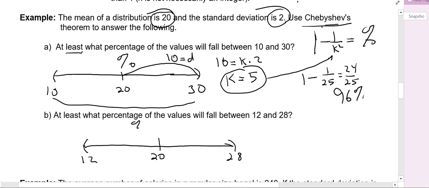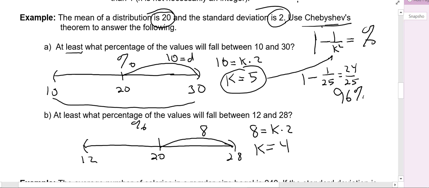I know one thing: the distance from 20 to 28 is 8, and likewise from 12 to 20 it's 8. So once again, 20 is centered. It has to be centered on the interval. Once again, the distance 8 is related to k times sigma, which is 2. In this particular problem, k is equal to 4.